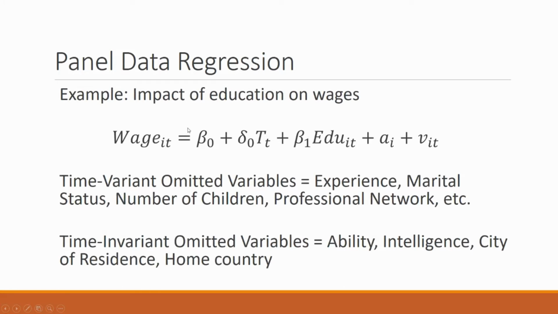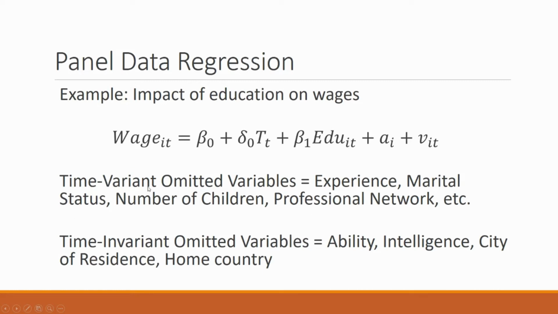Let's go back here and apply this to our example, the impact of education on wages. We have this regression model again, except now we're disaggregating the epsilon into the two component error terms, a_i and v_it. Now we've got some time variant omitted variables and some time invariant omitted variables.